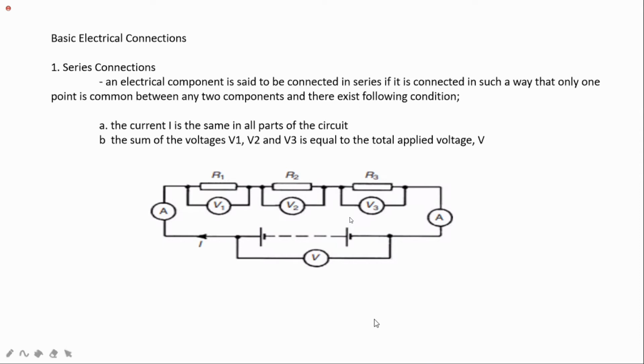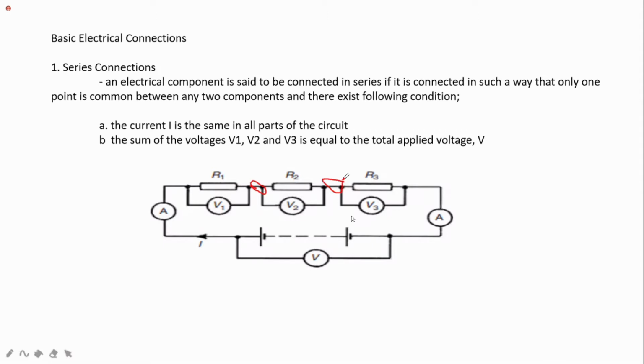If you can count two common points between resistor 1 and resistor 2, then the two are not in series. There should only be one point common to these two resistors, and that is this point here. Likewise with resistor 2 and resistor 3, you only have one common point, and that is that point.